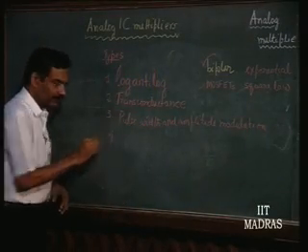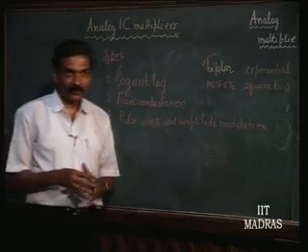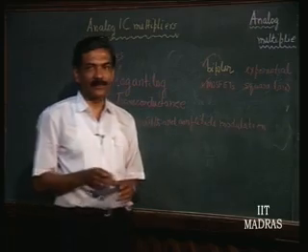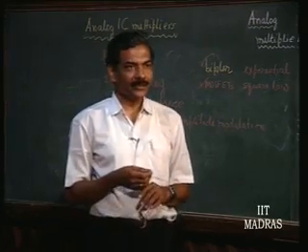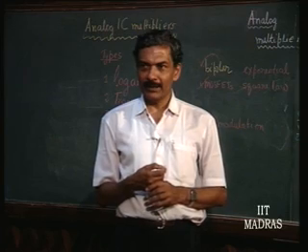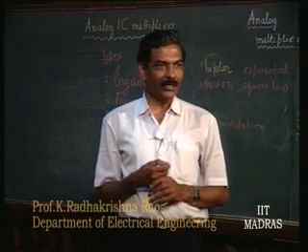Now, finally, the other device, that is the MOSFET, basically uses a square law relationship, and if you have a square law relationship, you can devise multiplication.